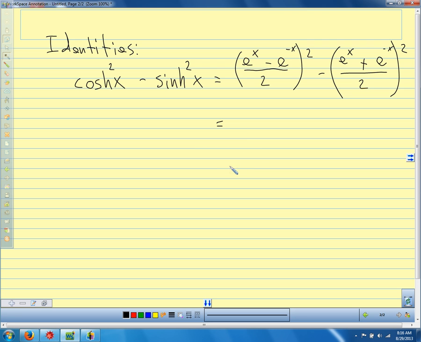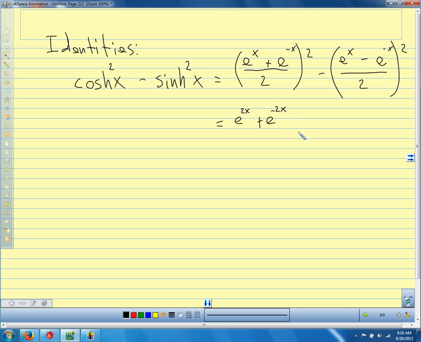Did I put them backwards? Yes, I did. Thank you. So what do we get when we square this first quantity? E to the 2x plus e to the negative 2x.